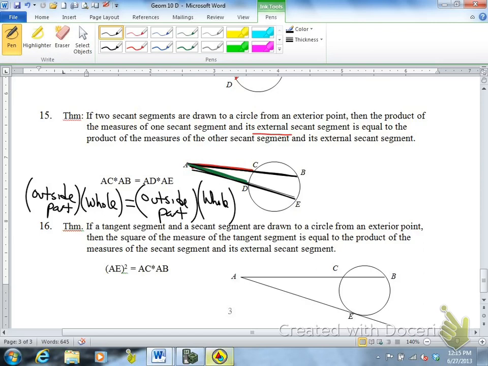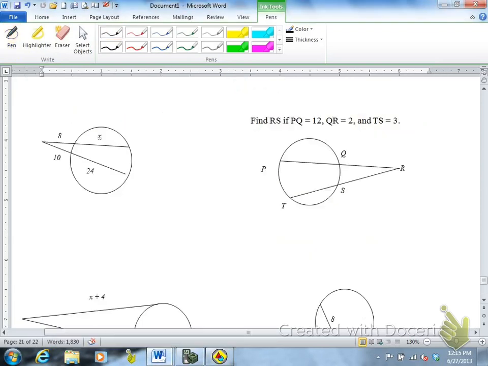Let's check out some examples. For instance, this third one that we have. These are a little tricky. Students sometimes mix these up. Sometimes I mix them up. So be really careful. The outside part is 8 times the whole length.